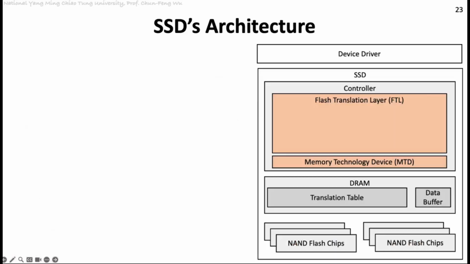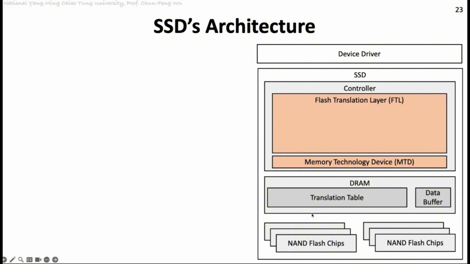Okay, so let me put together the SSD architecture here. Below the device driver, there is the SSD. Inside the SSD, there is a controller, DRAM, and NAND flash chips. Today we focused on how to read and write data from the NAND flash chips, why we should read in the patch size, and why we should erase in the block size.